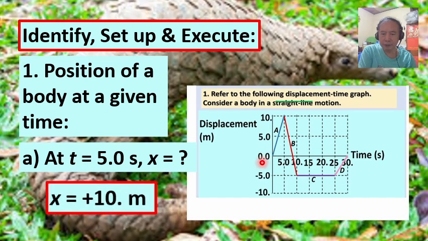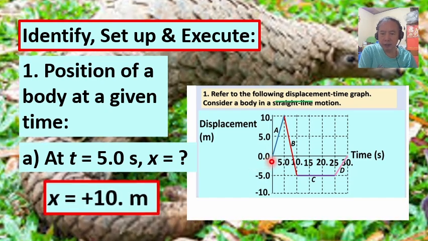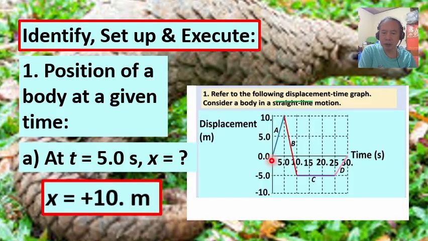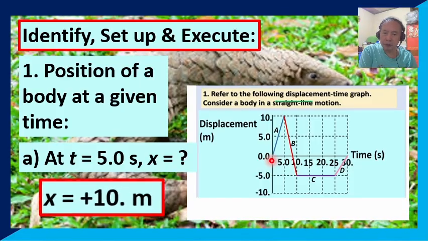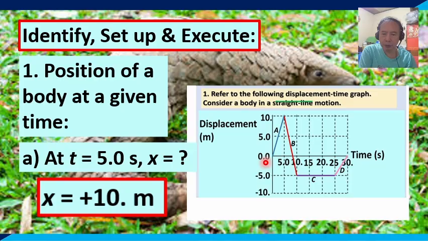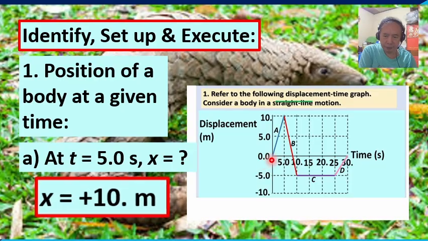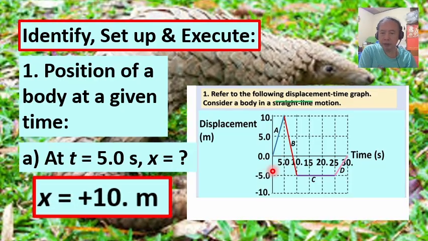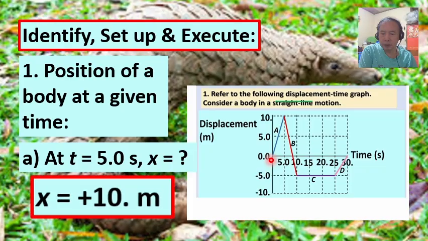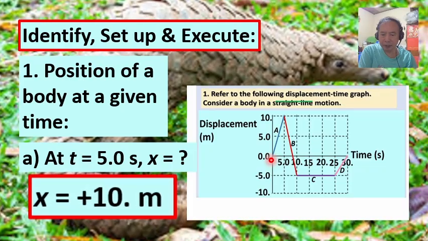So in the graph, the origin is understood to be at position 0.0 meter and with a corresponding time of 0 seconds.